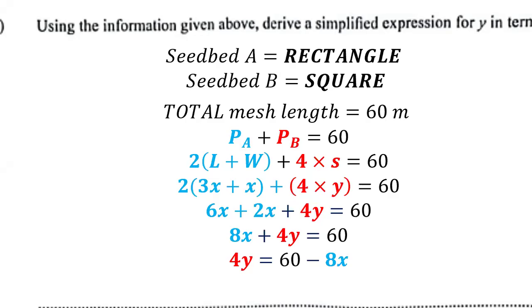Okay, so what we're going to do is divide by 4 on this side. When we do that, we're going to break up the 4 and the y. But if we divide by 4 on this side, we must divide by 4 on this side. Okay, so this 4 and this 4 will cancel, and I will have y by itself, and then I will have 60 take away 8x over 4. Any questions?